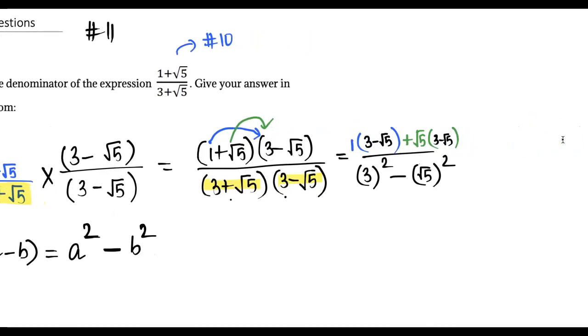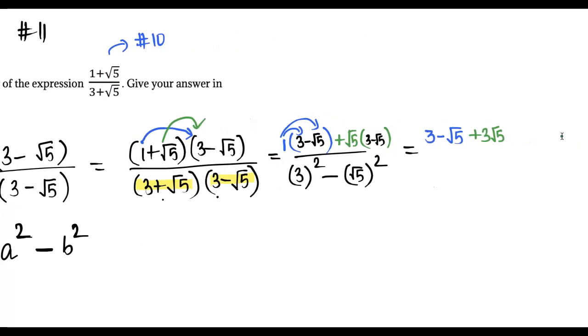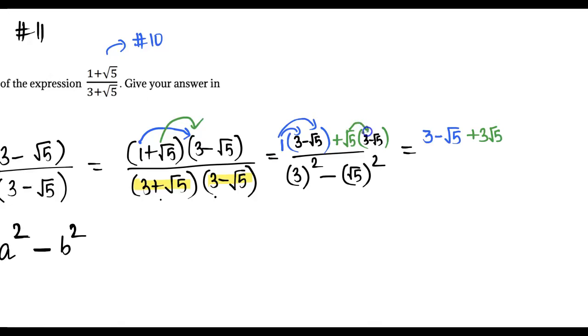We need to simplify it a bit. The first part will be 3 minus root 5, because 1 times 3 is 3 and 1 times minus root 5 is minus root 5. Plus root 5 times 3 is 3 root 5, and root 5 times minus root 5 is minus 5.